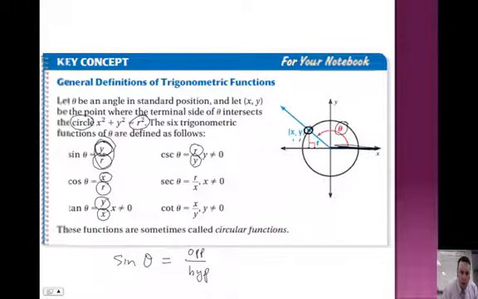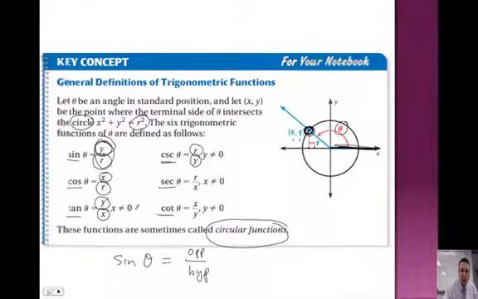Just memorize all these and then flip them to get cosecant, secant, and cotangent. These are also called circular functions because we're using a circle to figure them out. Whatever coordinate you get, we're going to use the x, the y, and the r to find out all the 6 trig functions.